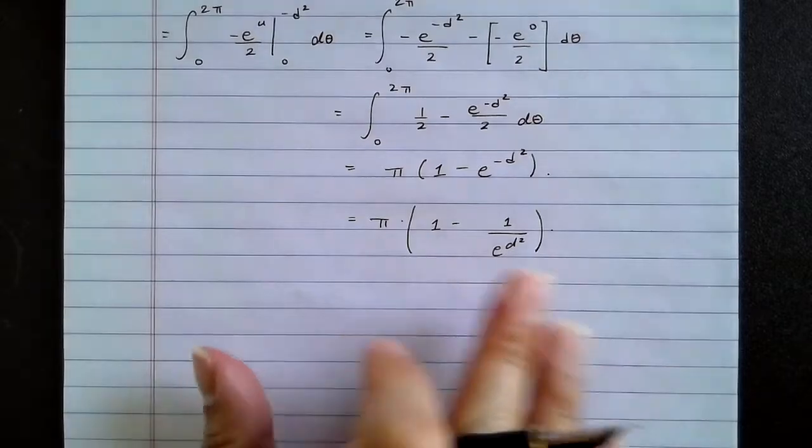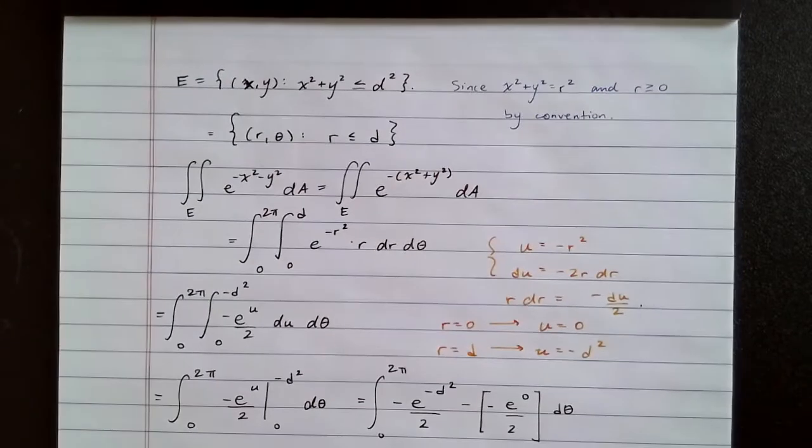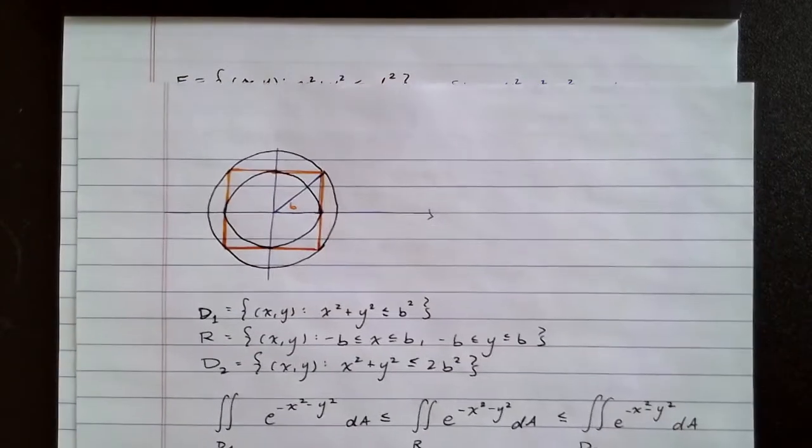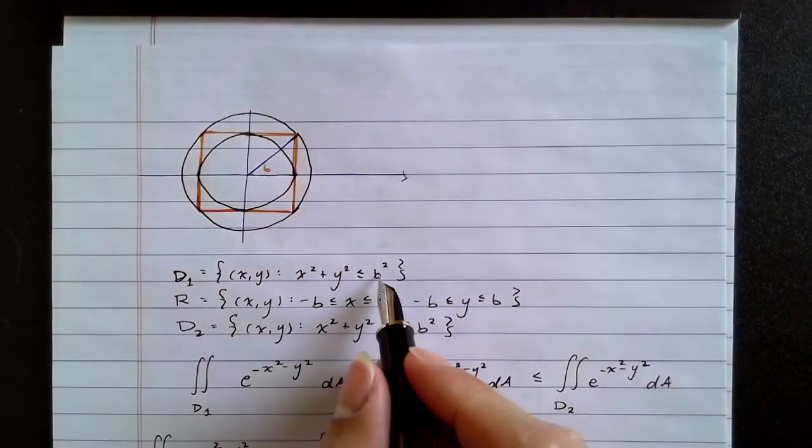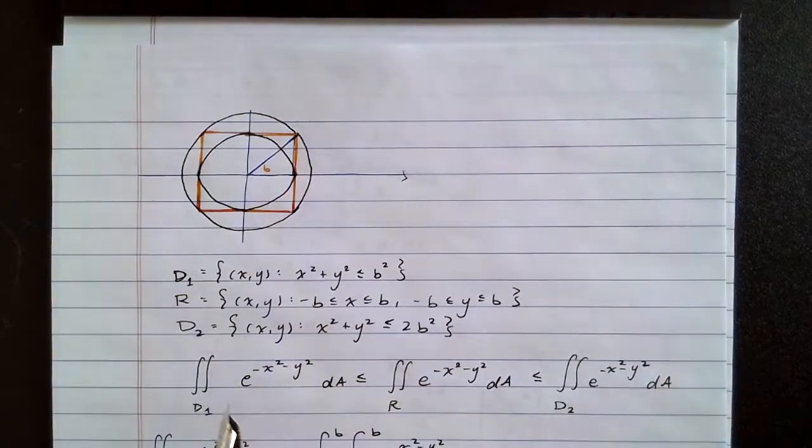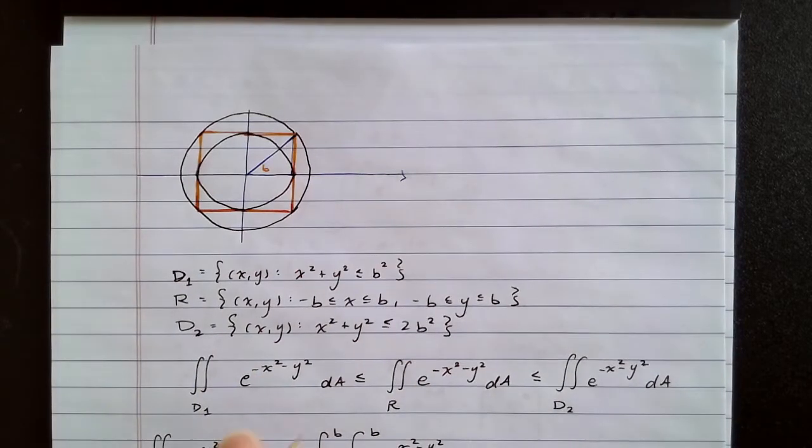Okay, and now the D here was just to write some number according to the radius of that circle. And so if we look at our regions D1 and D2, then I know what these integrals are, and I'm going to rewrite them over here.